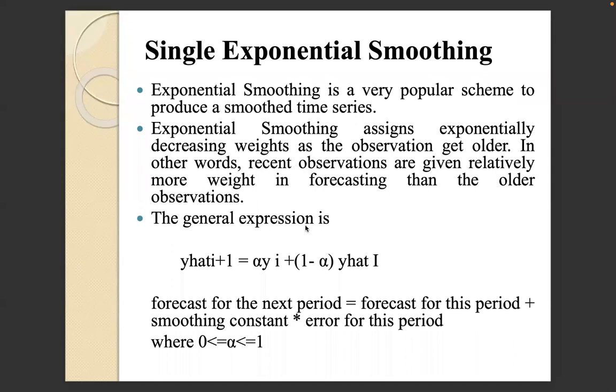Irregular variations, data with random variations. For example, if you travel from home to workplace and it takes 20 minutes daily, the average time you take to travel from your home to workplace is 20 minutes, right?